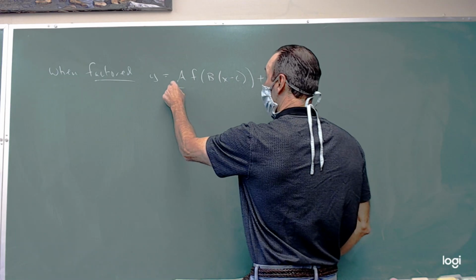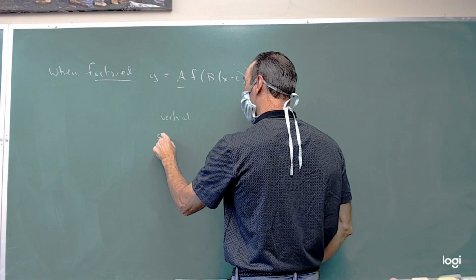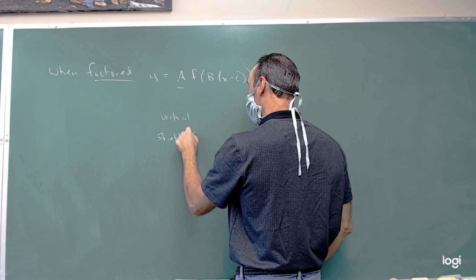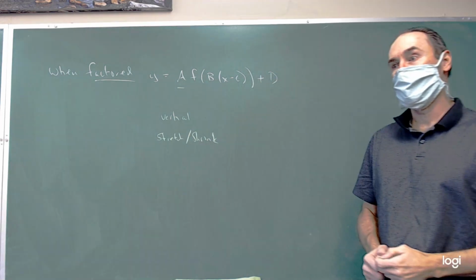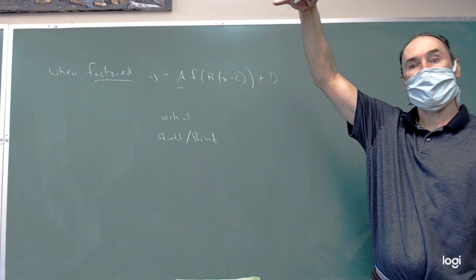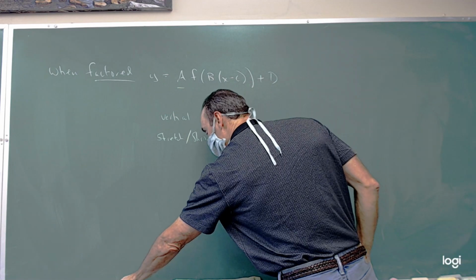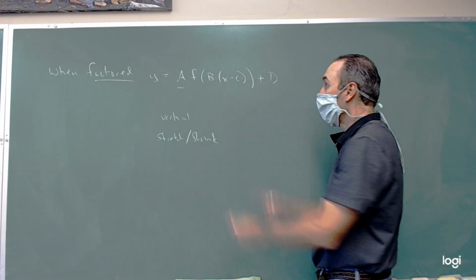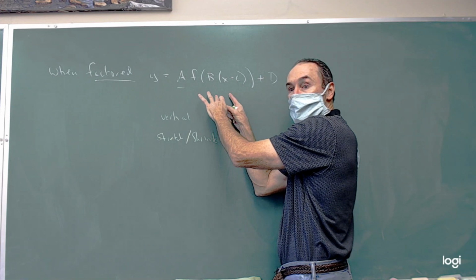The a is going to be a vertical stretch or shrink. Whatever your original y equals f of x is, if that number a is bigger, it's going to stretch it vertically. If that a is smaller, it's going to shrink it. Now, the key is inside here, this has to be factored for this to work. And if this is not factored, we're going to factor it first, as we'll see tomorrow.